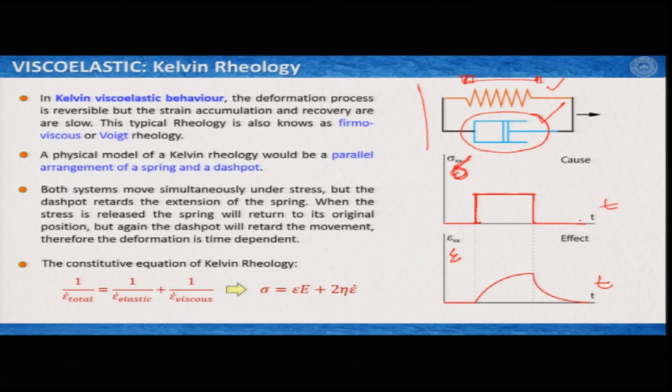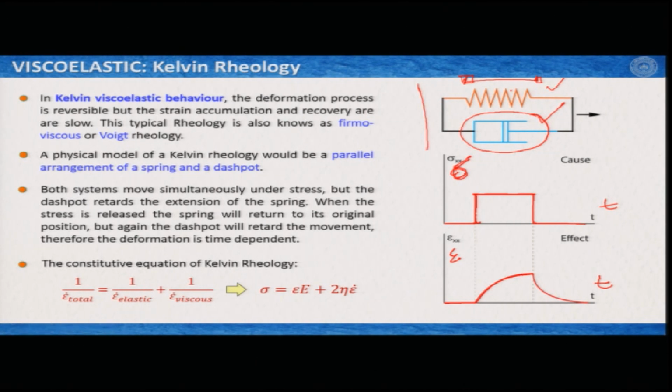But the strain response is very interesting. When the stress is 0, the strain is 0 at the beginning, but when we instantaneously apply the stress, because it has both spring and dashpot in parallel, the strain increase is nonlinear.